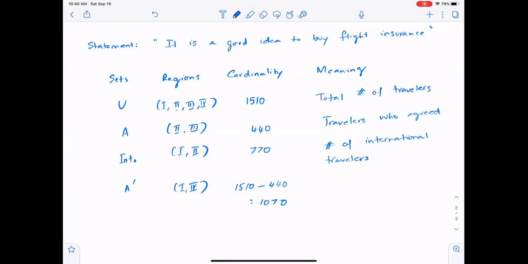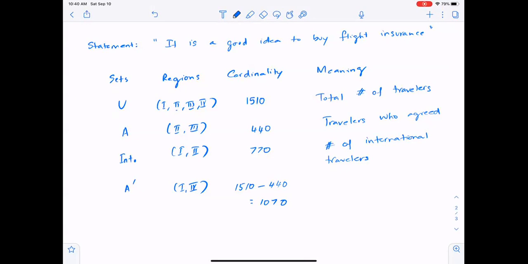Now, what would this 1070 correspond to? We've got to be careful in interpretation. The set U corresponds to all travelers, domestic and international.